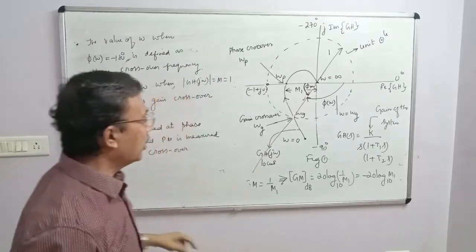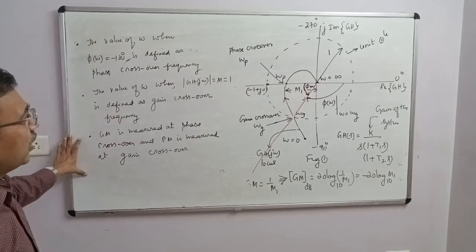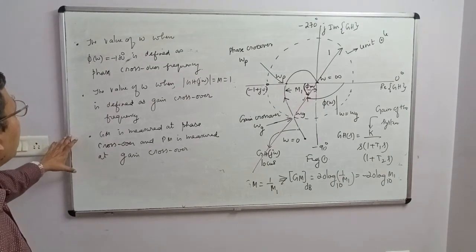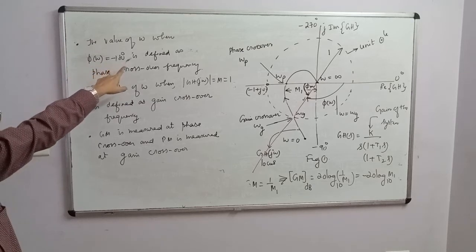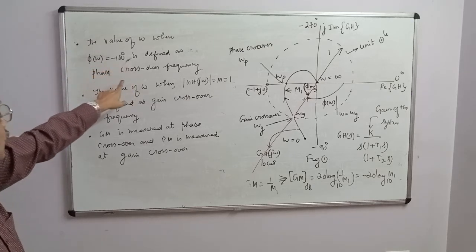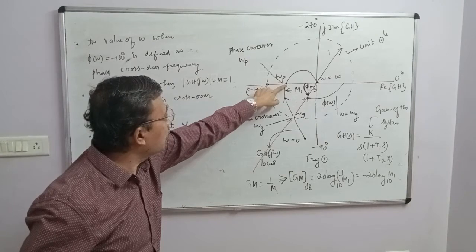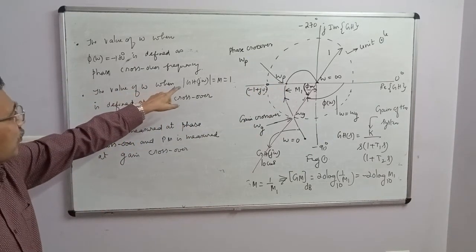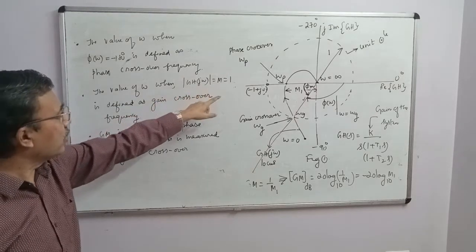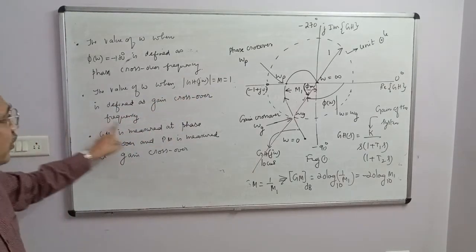Now we will do a problem to understand the concept of gain margin and phase margin. The value of omega when phi of omega is equal to minus 180 degrees is called the phase crossover frequency. That means omega p is the phase crossover frequency. The value of omega when the magnitude of GH of j omega is 1 is called the gain crossover frequency.